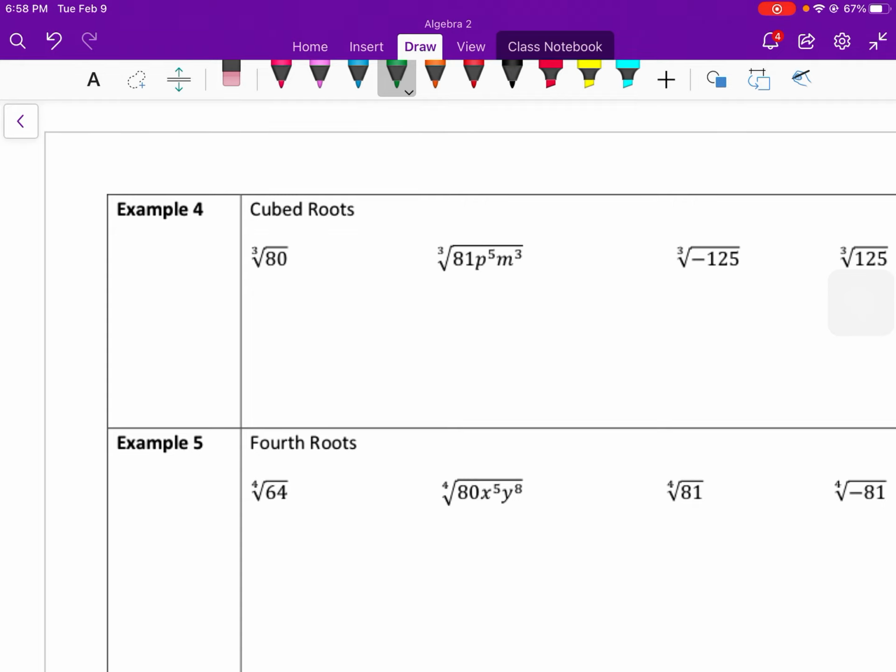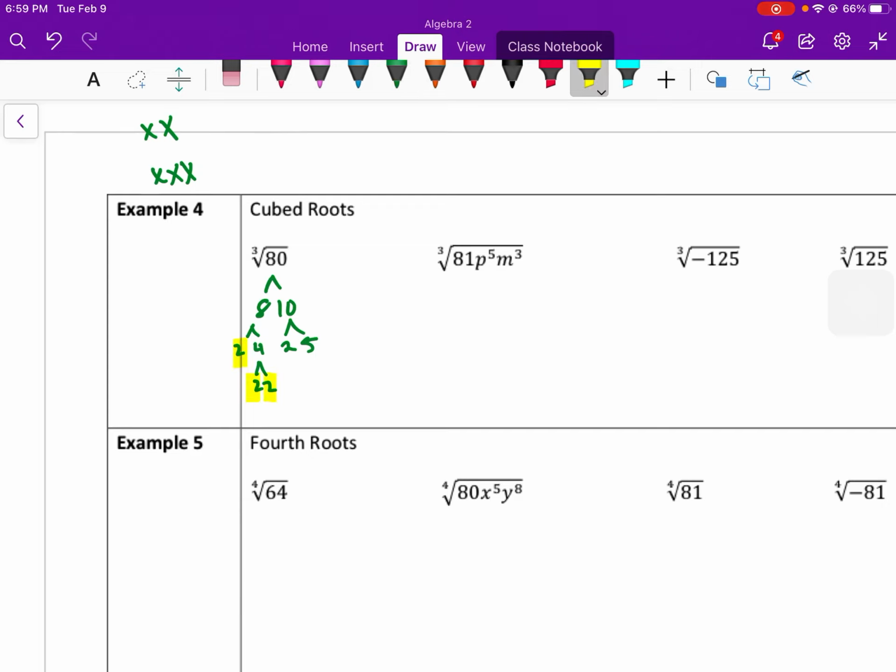Cube roots. All right, so in the last case, we had square roots, and we were looking for factors of 2. Now it's cube roots, so we're going to be looking for factors of 3. So in this first case, we have 80. So we're going to want to break that down into 8 times 10, and 8 is 2 times 4, which is 2 times 2, and then we have 2 times 5.